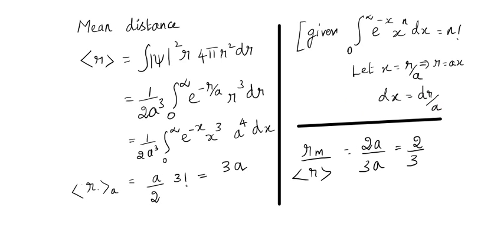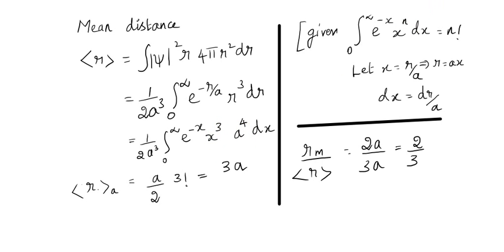So substituting x for r by a, x cubed for r cubed, and a dx for dr, we get x cubed into a to the power 4. So here the power of x, n, is 3.